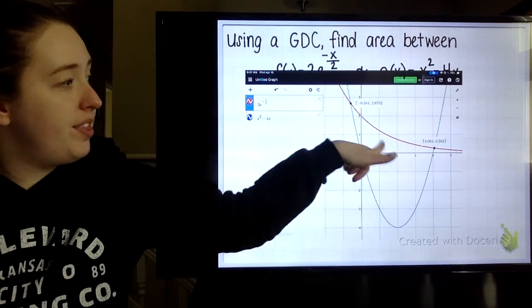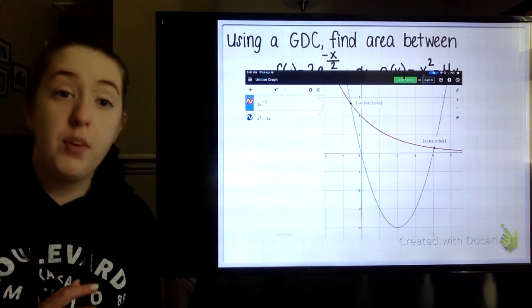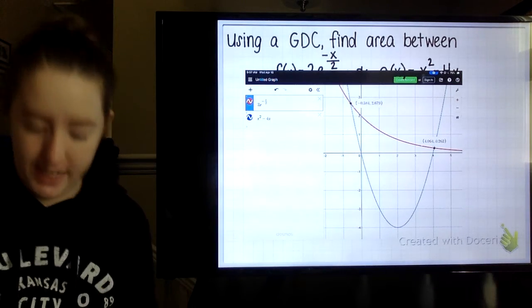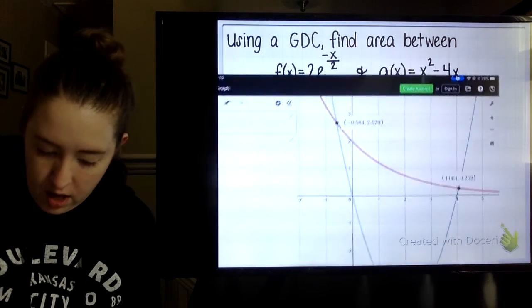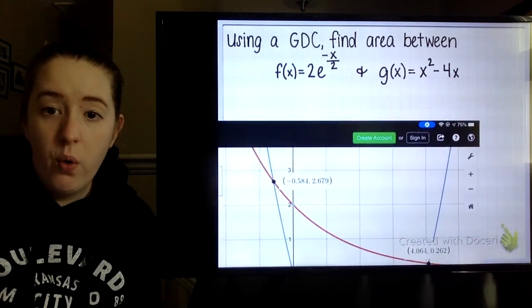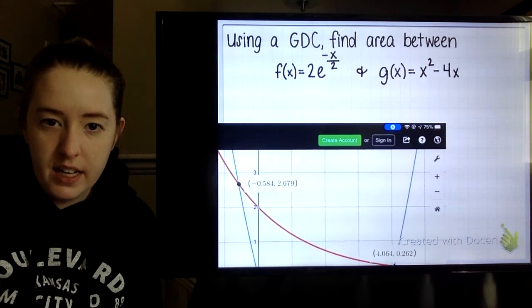So we're trying to figure out what this area is right there. So just like before, we needed to figure out where those functions intersected. You can either find that on your graphing calculator, or we let Desmos do the job for us right here.